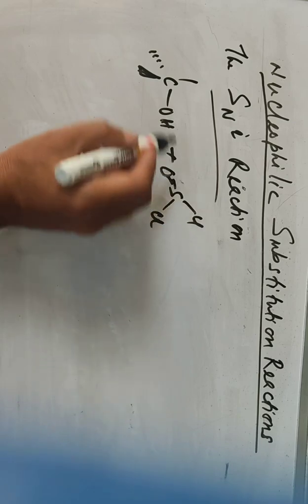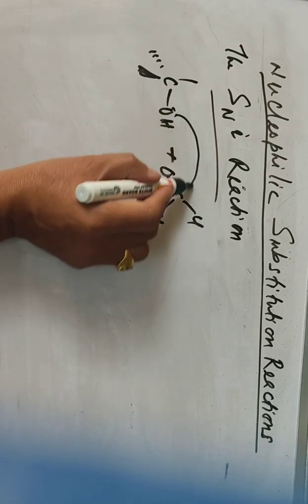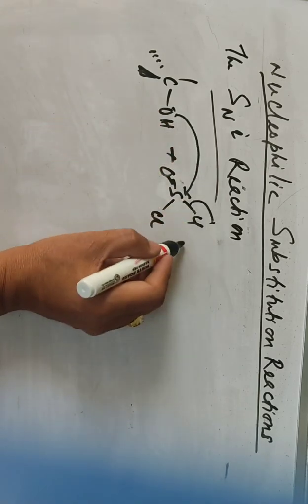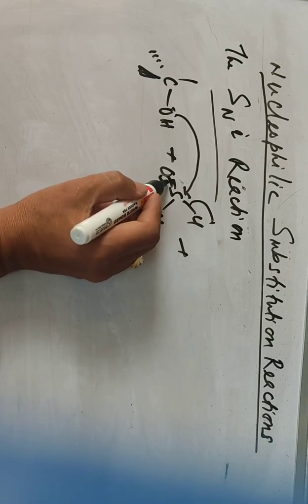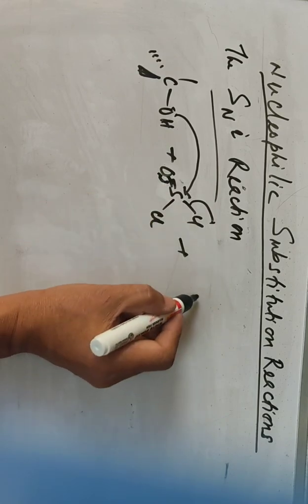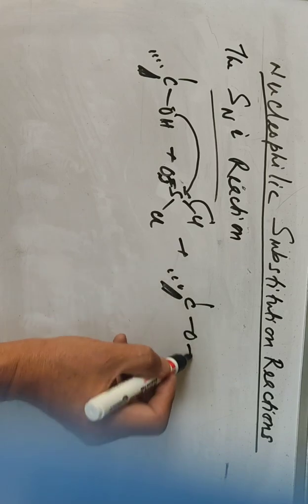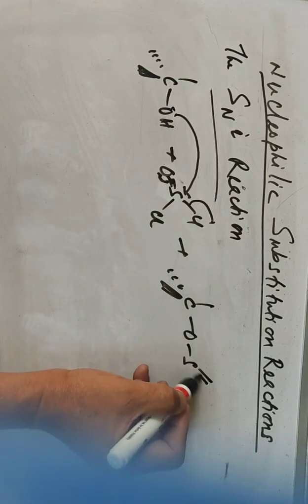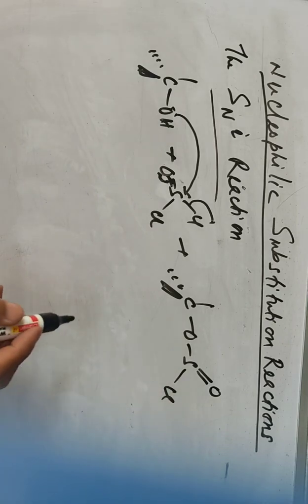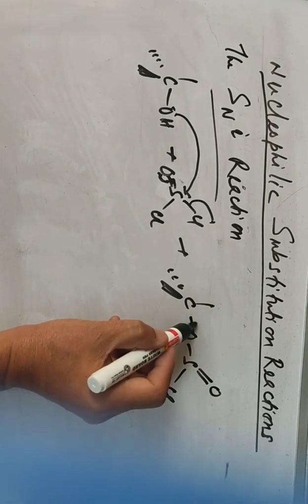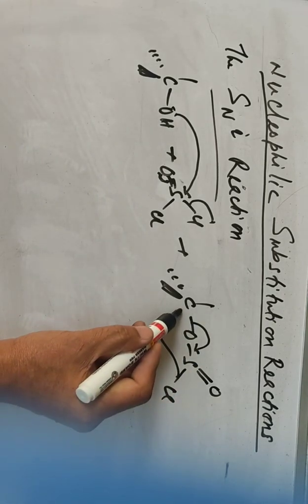Here, first concerted one, we go from the earlier one like earlier cases. We form this one, coming back, and chloride is lost. So we have O, S, then double bond O, and Cl here. In a concerted way, you can attack this way or like this.